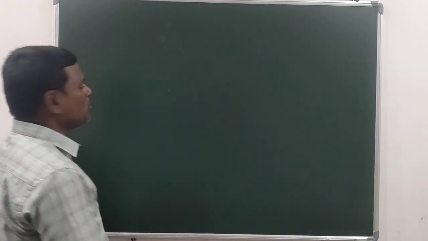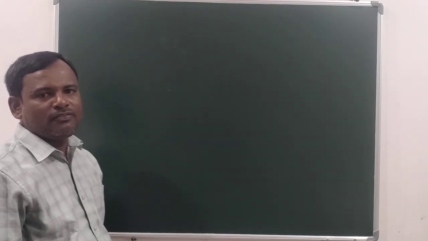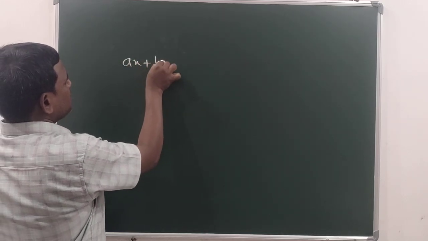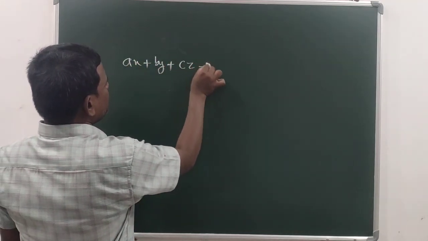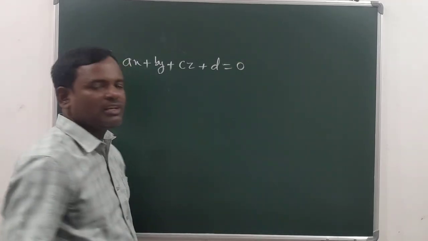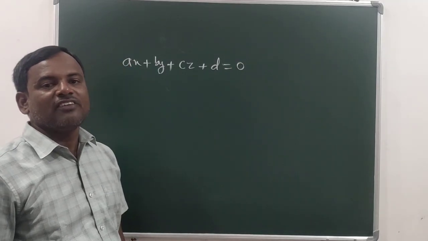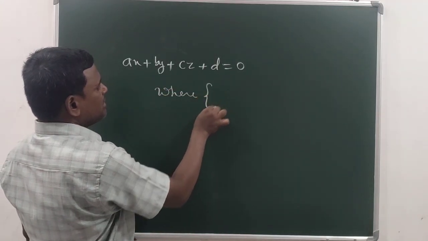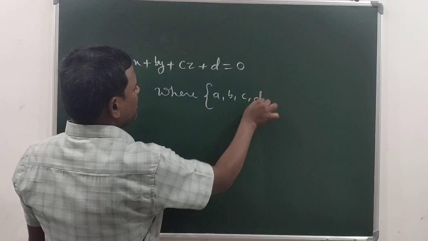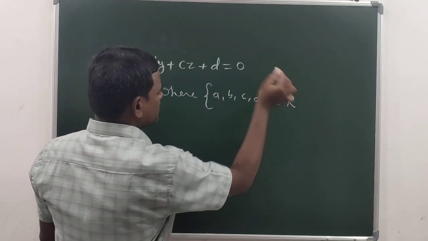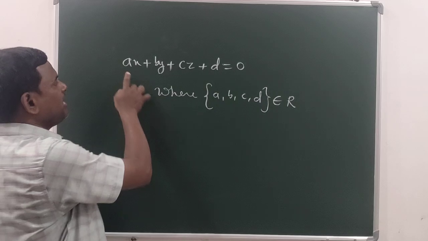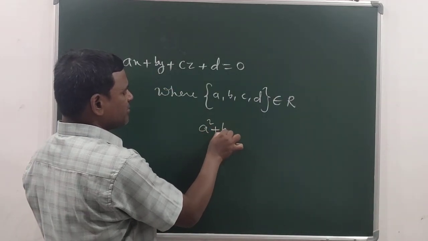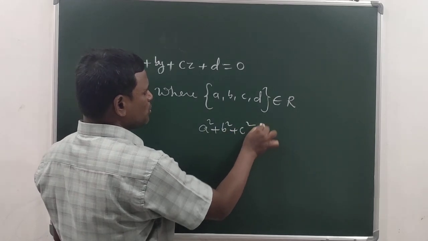Now let us go to the standard form of a plane equation. See here, ax plus by plus cz plus d is equal to 0. This is the general equation of a plane where a, b, c, d belong to real numbers and a, b, c should not simultaneously be equal to 0, which means a square plus b square plus c square should not be equal to 0.